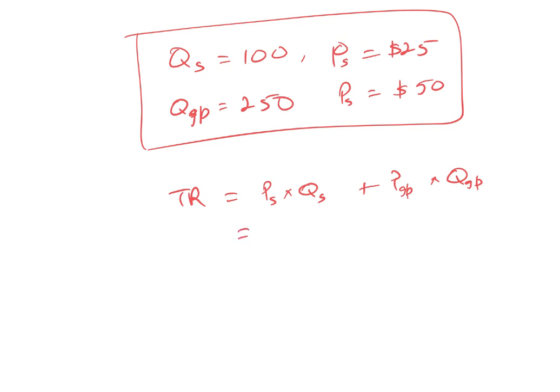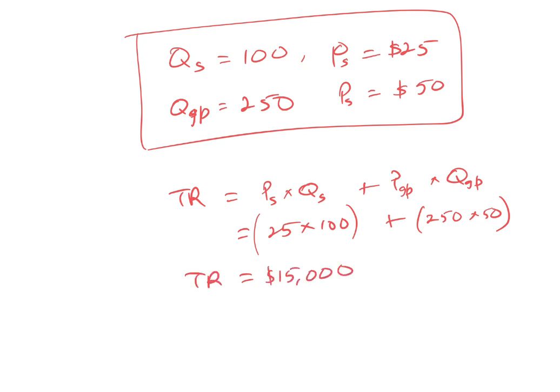And in this case, it will be 25 times 100 plus 250 times 50, and this is equal to $15,000. So if the theater company charges different prices to these individuals, then it will make a total revenue of $15,000.